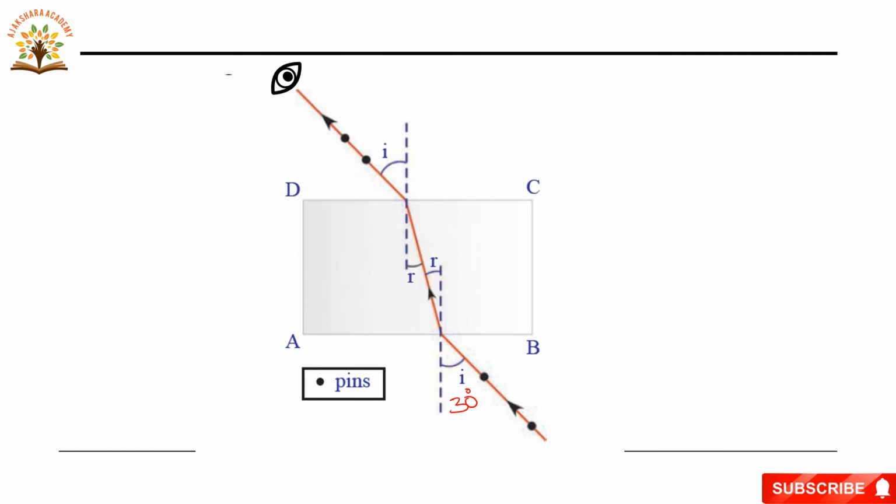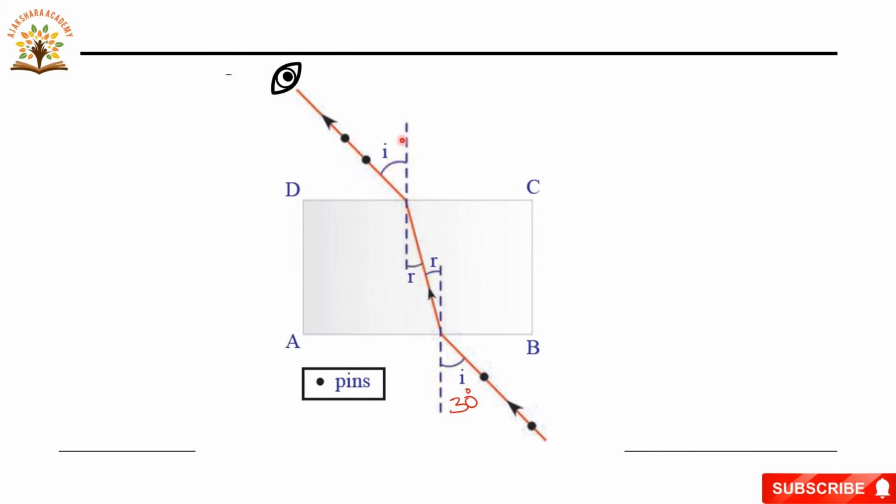Then the light ray is traveling from the glass medium to the rarer medium, that is denser to rarer. Whenever a light ray travels from a denser medium to a rarer medium, the refracted ray moves away from the normal. This is the refracted ray moving away from the normal.